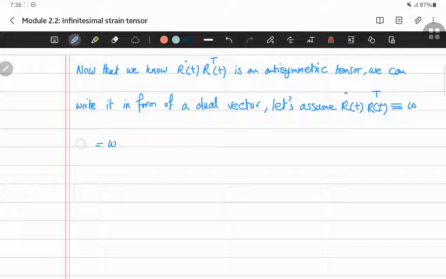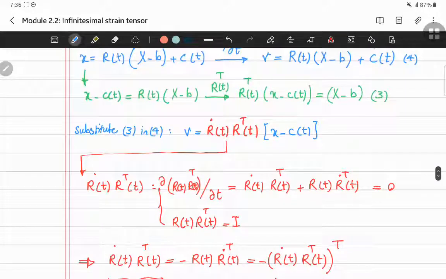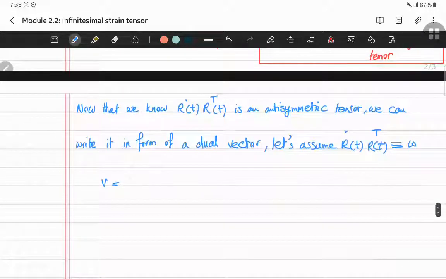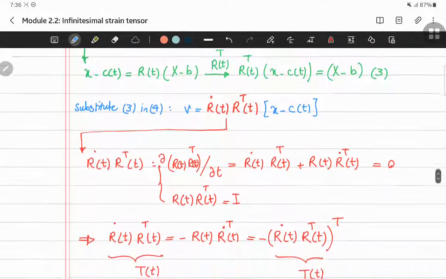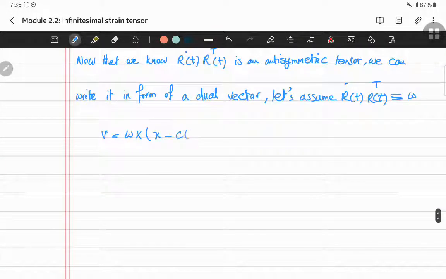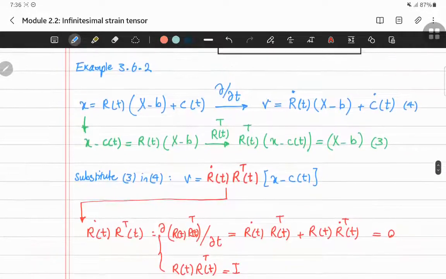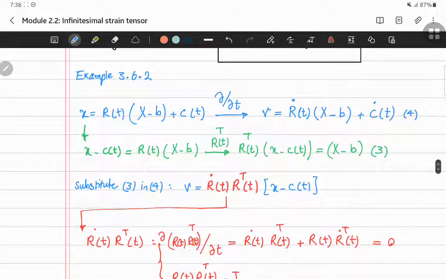So let me just write this. If you recall, we have TA. If T was anti-symmetric, we write it TA cross A. So again, we use this in here. So we have V, we have this omega cross X minus C dot T. I guess that I missed something in here because V is this.